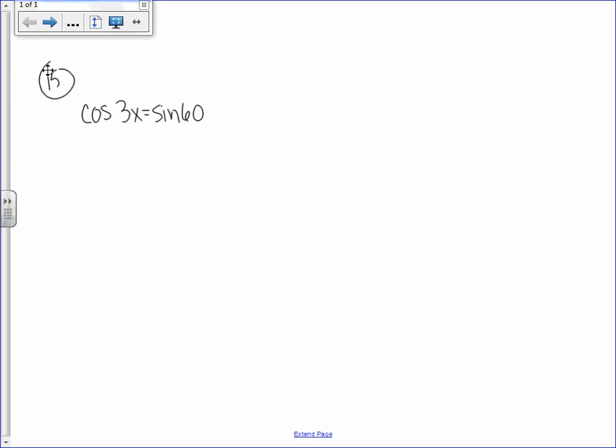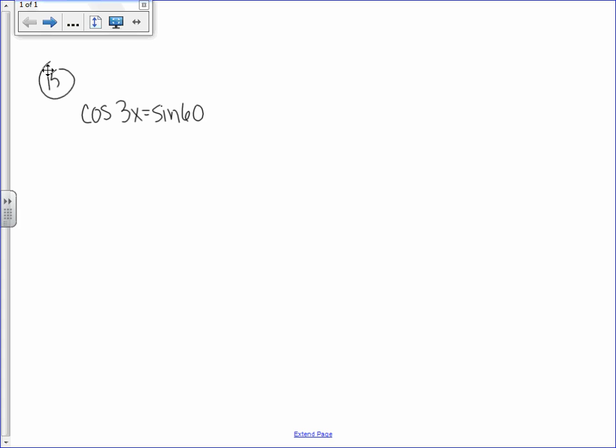Please do not get thrown off with the fact that it starts talking about positive acute angles. Remember, cofunctions are complementary. So complementary means add up to 90. Well, if my two angles are adding up to 90, each of them has to be less than 90, and that's what acute means.